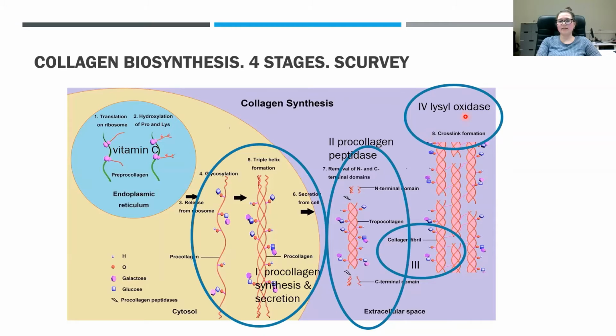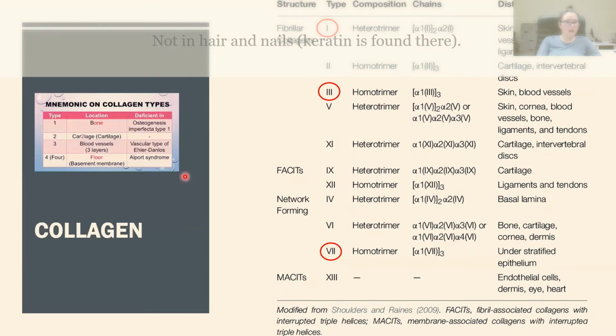Lysyl oxidase cleaves tropocollagen, and collagen fibrils are assembled. Lysyl oxidase makes lysine residues linked to each other so that we have an extensive fibrous collagen network that makes up our skin, hair, nails.